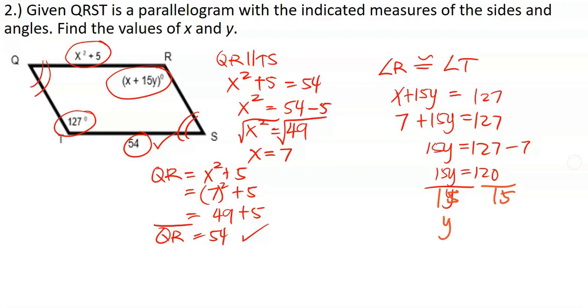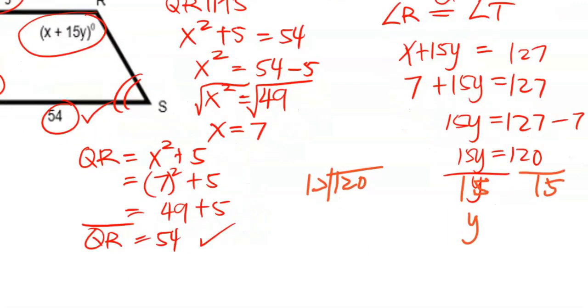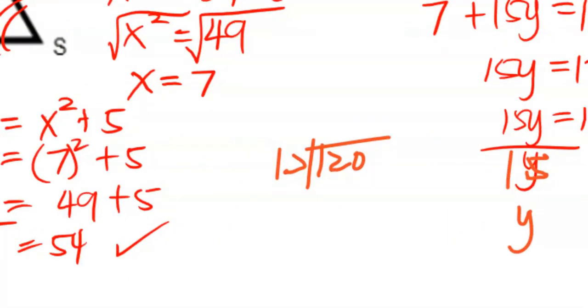If we divide 120 by 15, how many 15s do we have? For those who are having a hard time dividing numbers, basically, you just have to find how many 15s there are in 120.